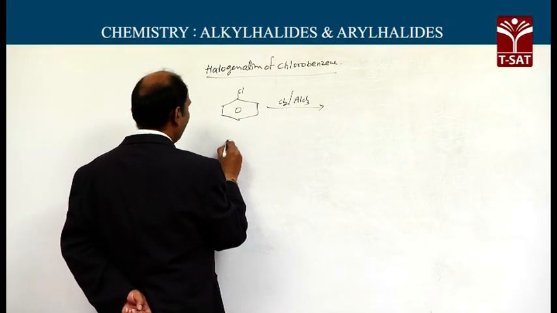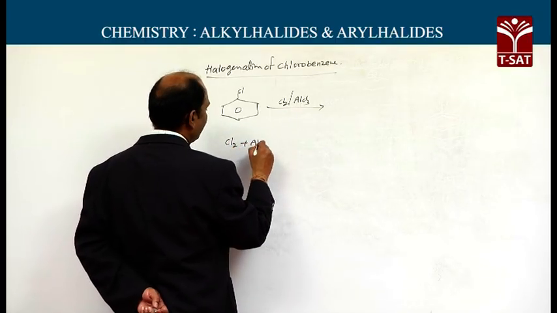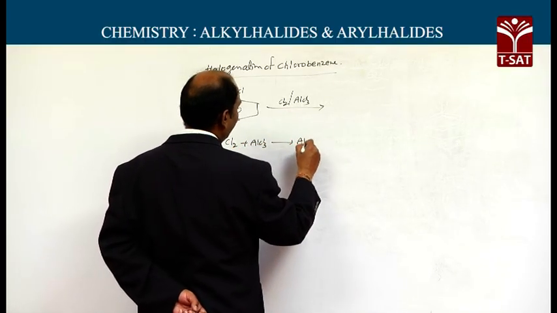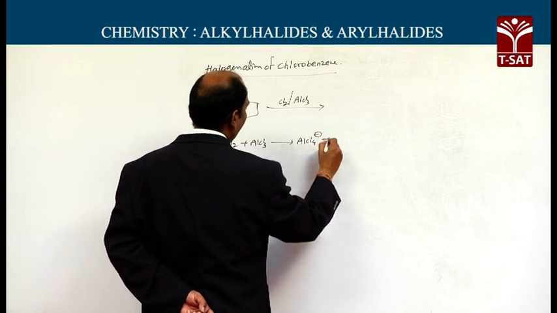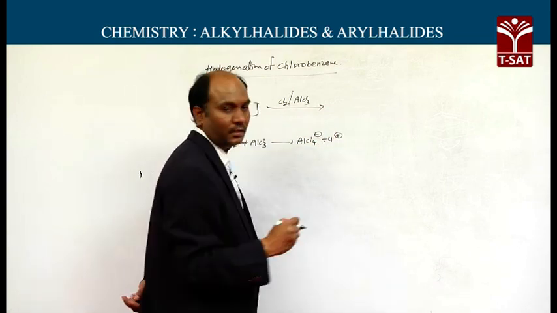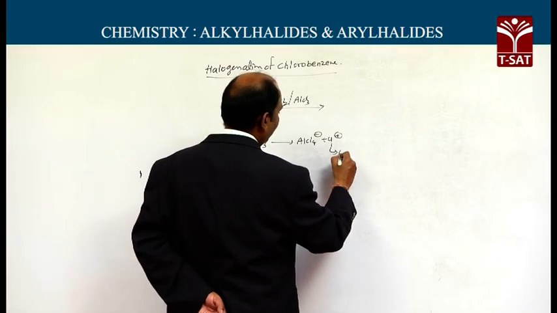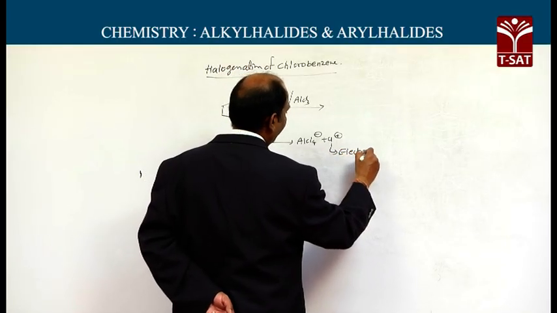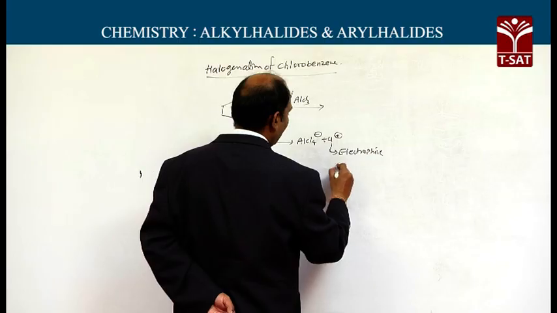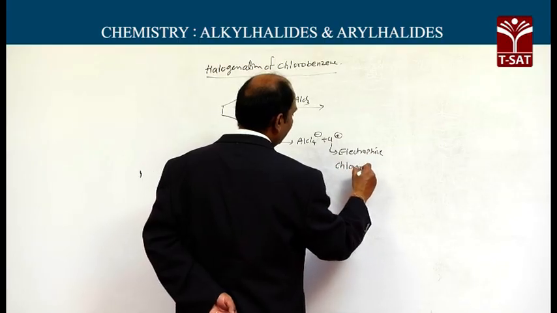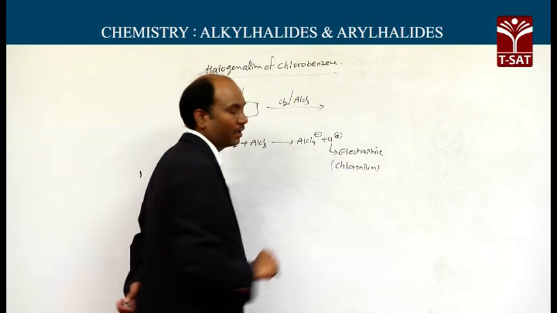What happens? Cl2 reacts with AlCl3, it gives AlCl4 minus plus Cl plus. This Cl plus is an electrophile, called the chloronium electrophile.